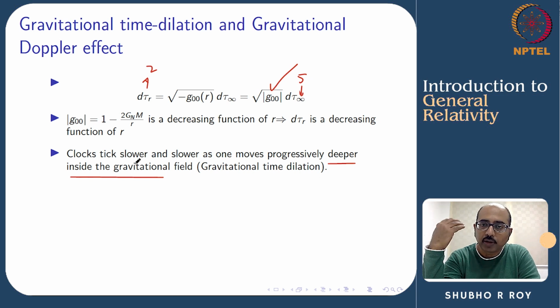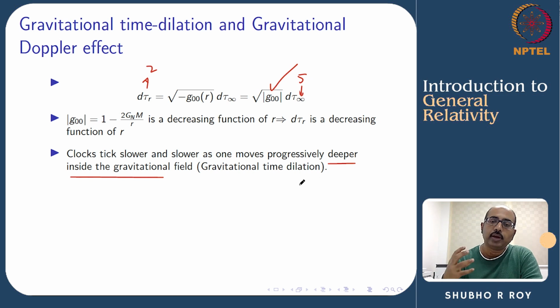In fact, this has been used as input in many science fiction stories, in which you go deep inside the gravitational potential well of a large star or large planet, and only a few minutes or even a few hours pass, but when you come back to Earth, maybe millions of years have passed by. So this effect is real, and it is called gravitational time dilation.